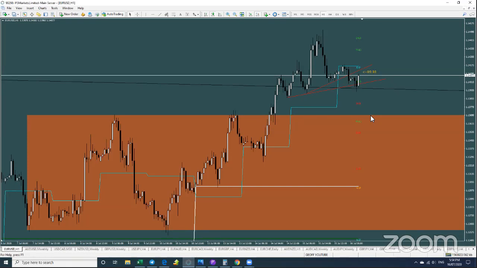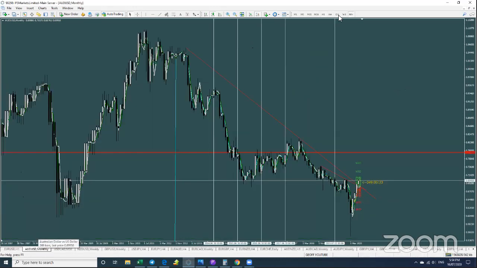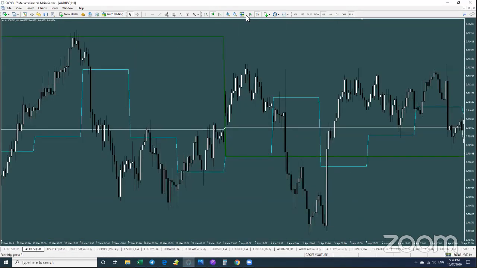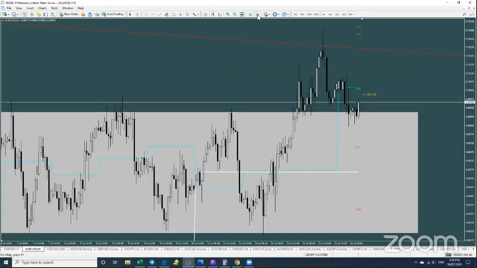Okay, so euro dollar's on the radar, as is pound. We won't trade them both because it'll be the same trade. What about the Aussie? Hourly chart. Well, not dissimilar.